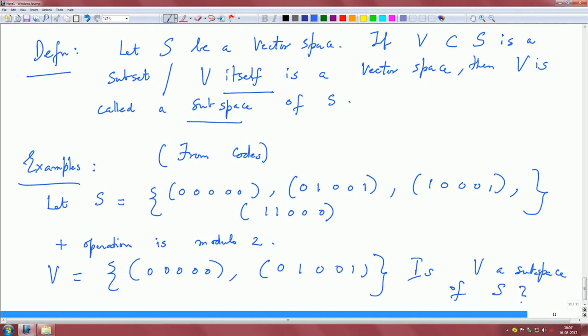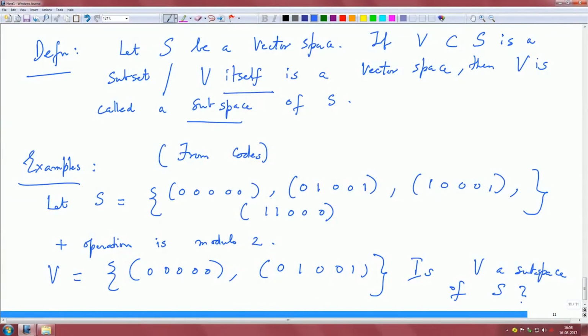That means V should be contained in S, the elements are definitely contained in S, and just quickly check through the axioms that we did earlier, that it has to be a group under addition, the distributive property, and the multiplicative identity 1, right.